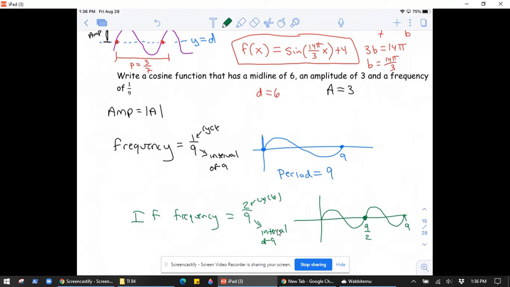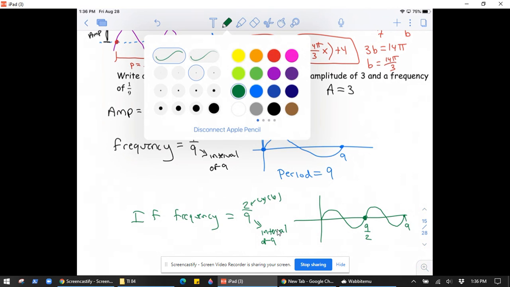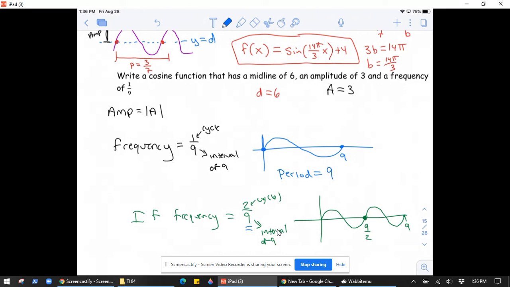That's 9/2. So again, I'm trying to draw your attention to the fact that the period is the reciprocal of the frequency. In any case, that formula would work up here too. Frequency is a 9th, period would be 9. But that's also 2 pi over our b value, and that tells us that our b value is 2 pi over 9.